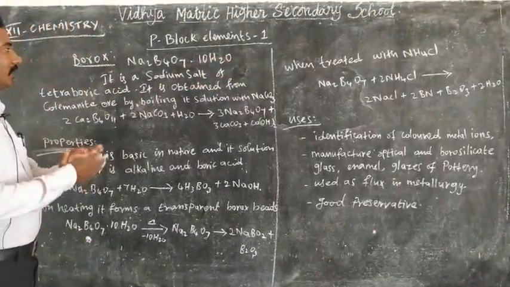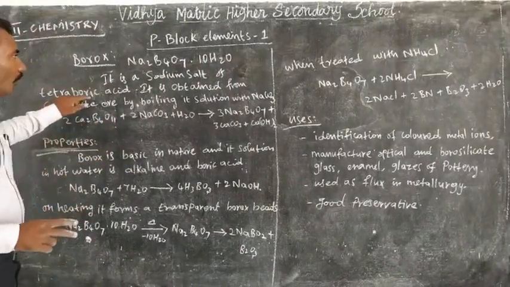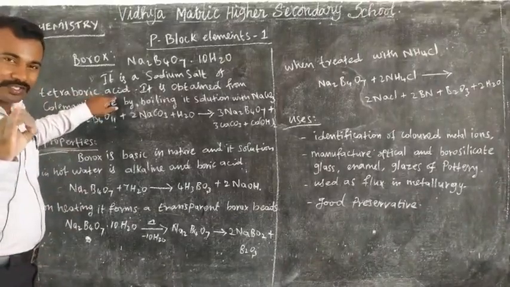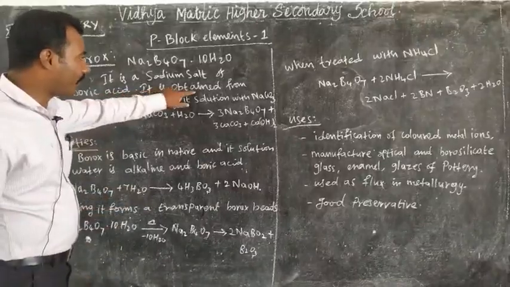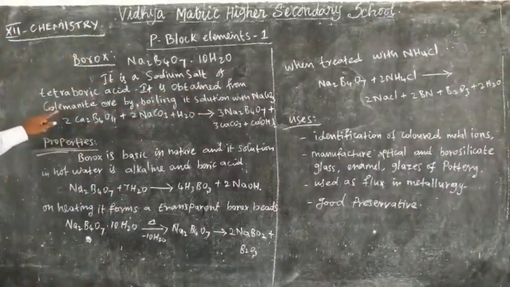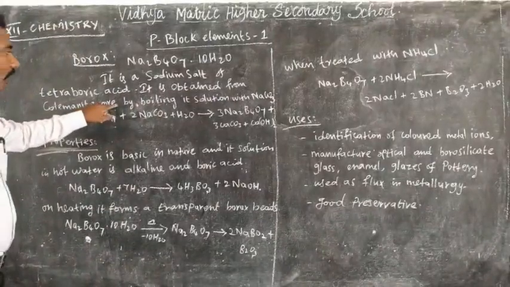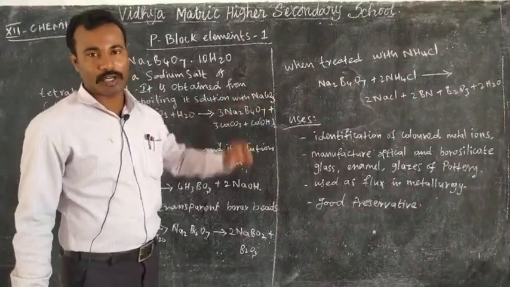Borax is a sodium salt of tetraboric acid. It is obtained from colemanite ore by boiling its solution with sodium carbonate.